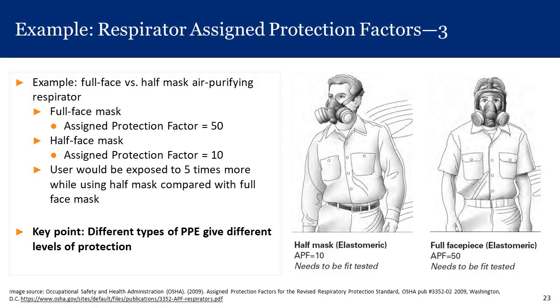Right? So different respirators provide different levels of protection. The key point here is the respirators are a very good example of this. Different personal protective equipment gives different levels of protection, and you have to be sure that the level of protection that your personal protective equipment is giving you is appropriate for the exposures you might expect.